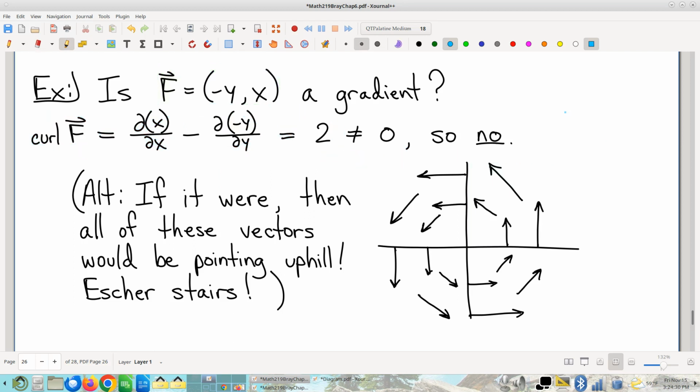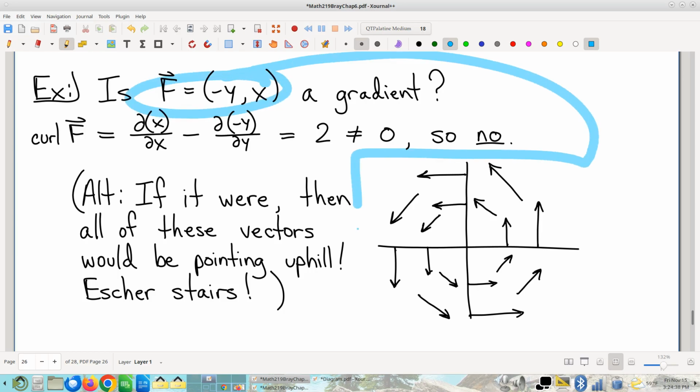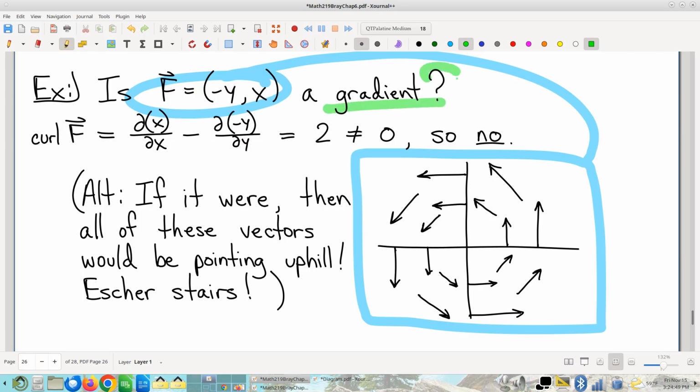All right, so let's see. Here's a different point of view on this. This is just for, I'm going to say, geometric satisfaction purposes. Let's not forget that we know what this thing looks like. That's what that vector field looks like. We've seen it before. And let's just play a game. Hypothetically, if that were a gradient, well, keep in mind, gradients point uphill.